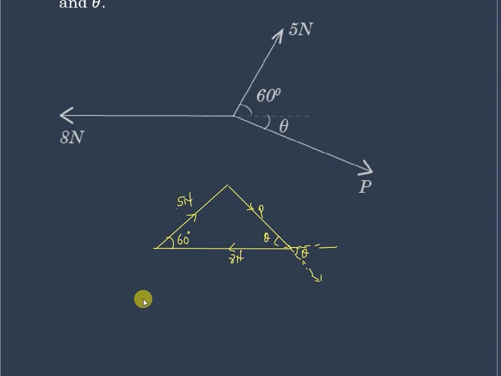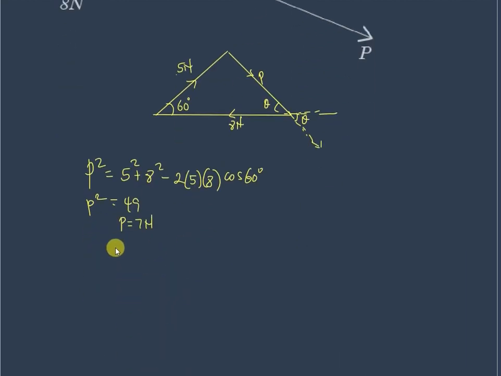So from the cosine rule, P squared is equal to 5 squared plus 8 squared minus 2 times 5 times 8 times the cosine of the angle opposite P, 60 degrees. This will get us that P squared is equal to 49 and P is equal to 7 newtons, if you press your calculator.